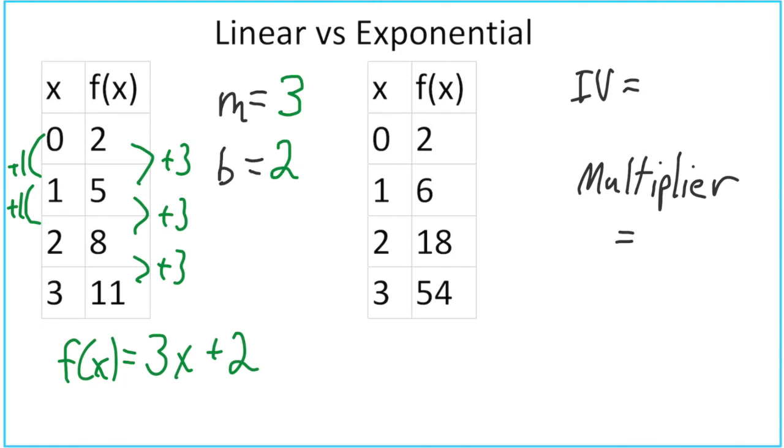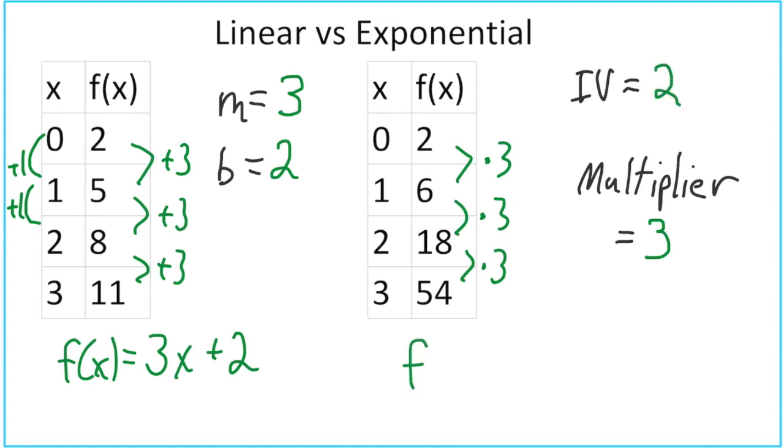For exponential, we've got our IV, the initial value, and the multiplier is our other important thing. So let's look at our pattern here. Our pattern is times 3, times 3, times 3. So times 3 is our multiplier, and our initial value, our starting point when x is 0, is 2.